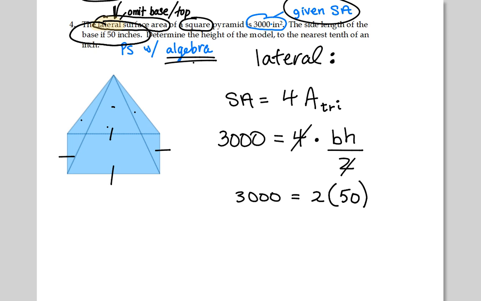And do we know H? No. What's 2 times 50? 100. So now we have 100H. Do you guys recognize this structure? 100 times something gives you 3,000.